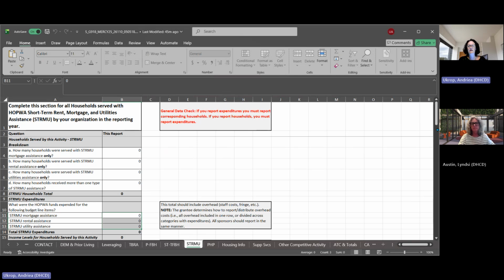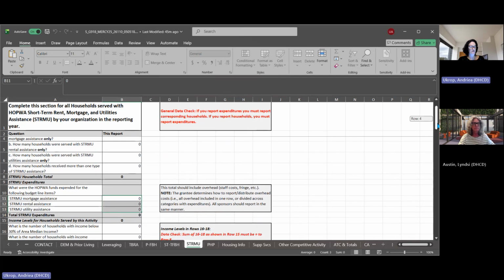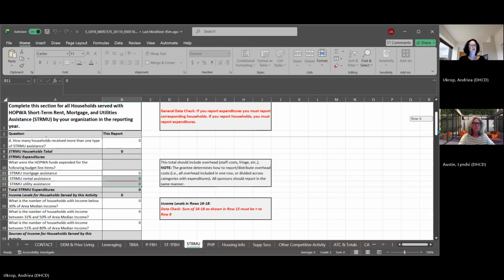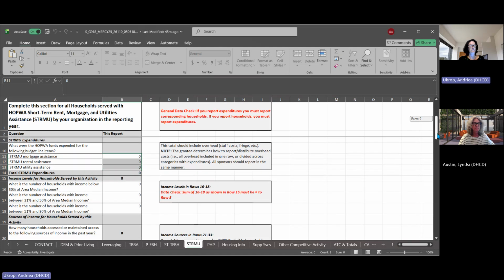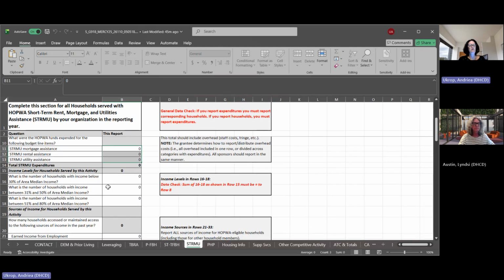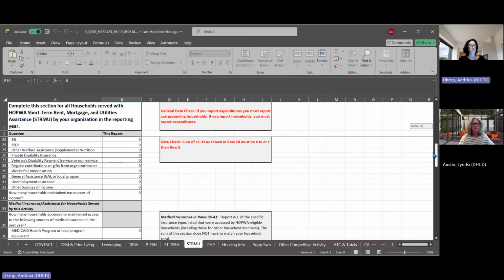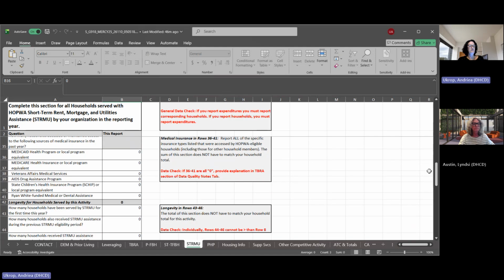We're going to move on down to the income levels for the household, and that is row 15. So again, that is going to auto-populate based on the rows in 16 through 18. Now we're going to move on down to row 42, and this is longevity.